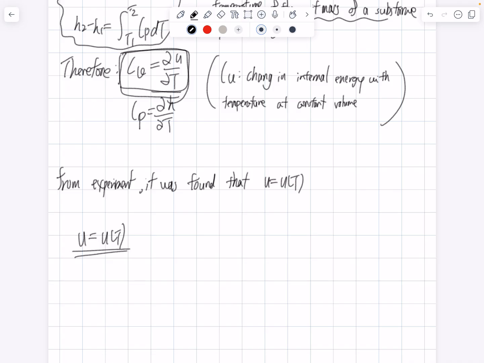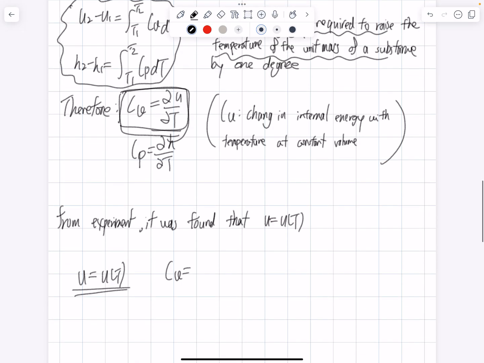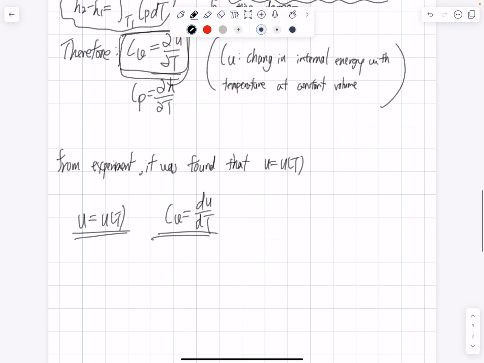So now we can for sure write the constant volume heat capacity as dU/dT right here. But this is only for constant volume, because in the experiment the condition is that the volume is constant.